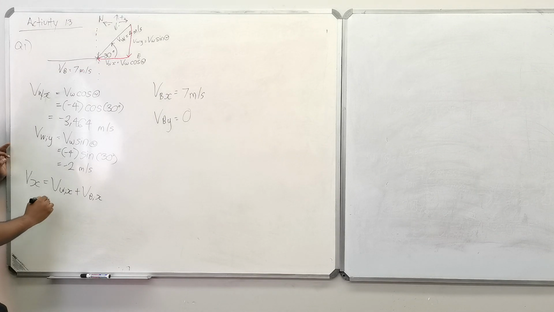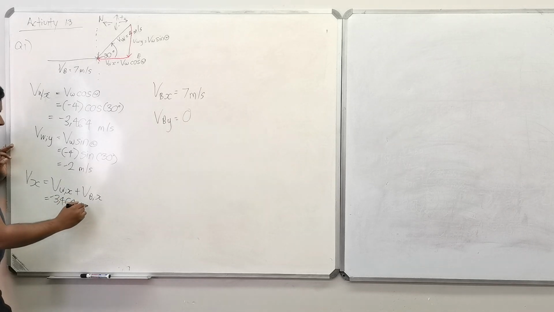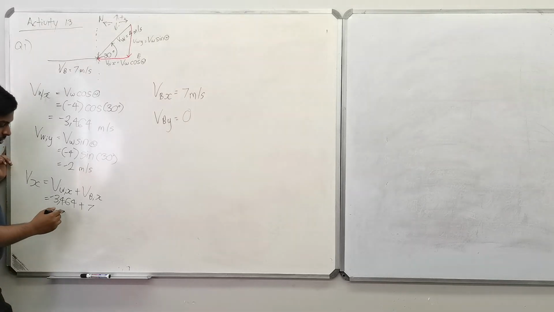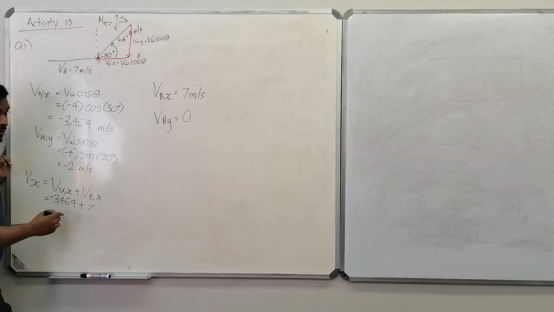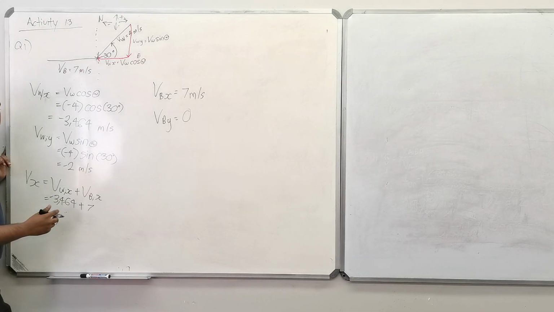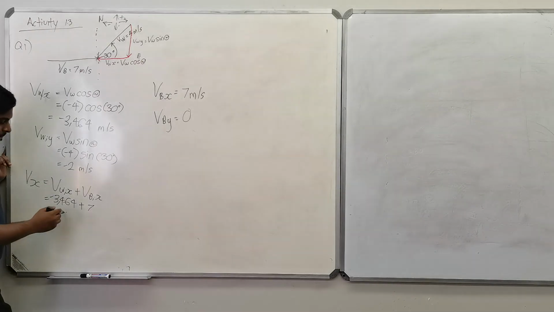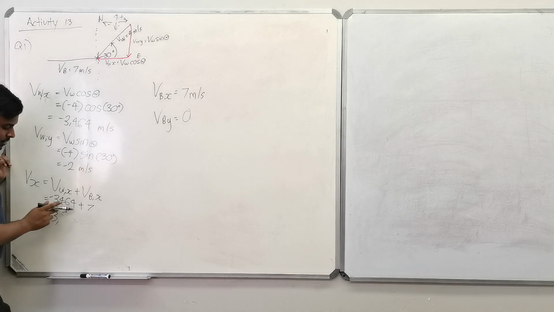So this here will become minus 3.464 plus 7, which is 3.536.